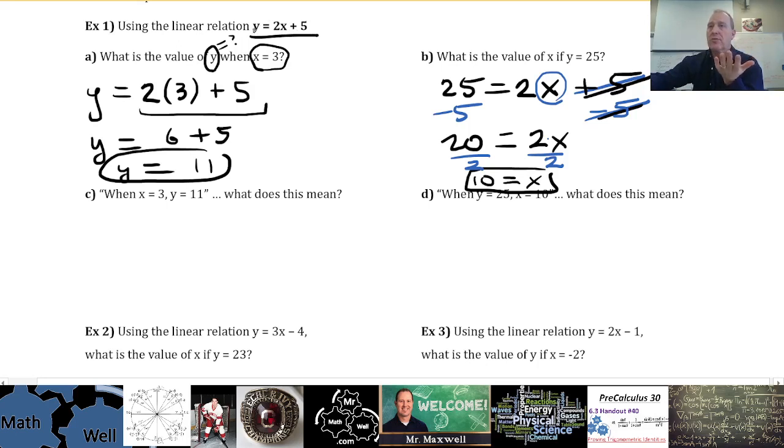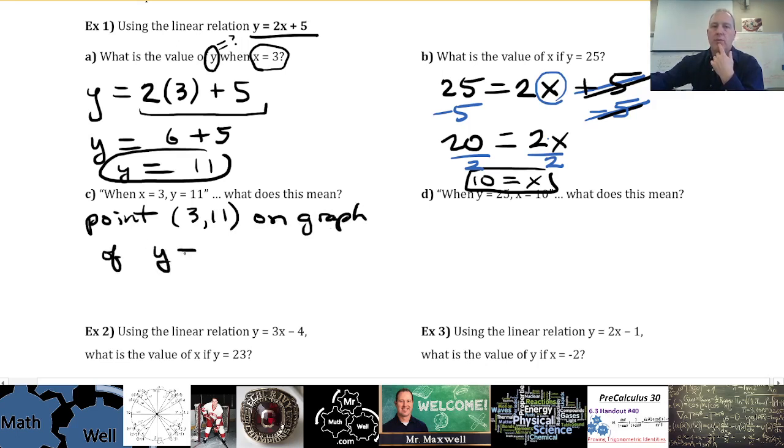If you think about it in terms of a graph, there is a point that has an x value of 3 and a y value of 11 that is on the graph of this equation. So point (3, 11) is on the graph of y equals 2x plus 5. That's what that means, graphically, if you think about it visually.